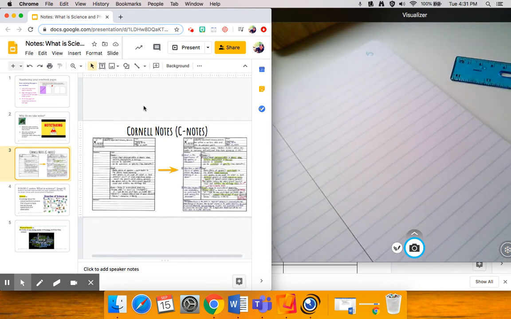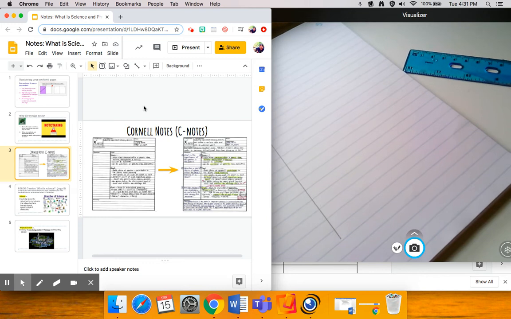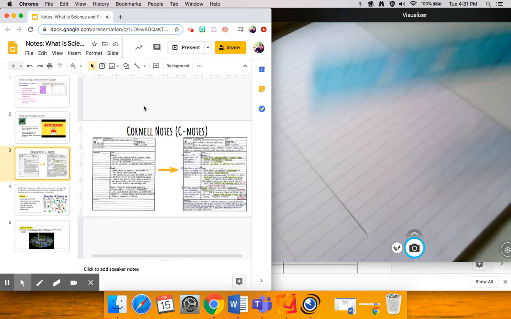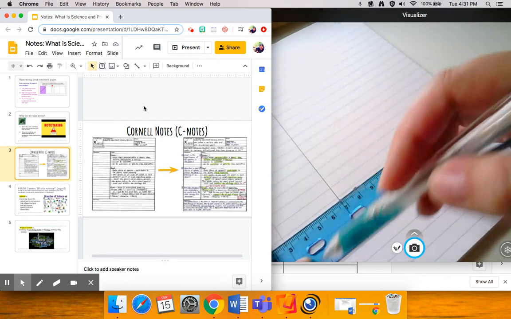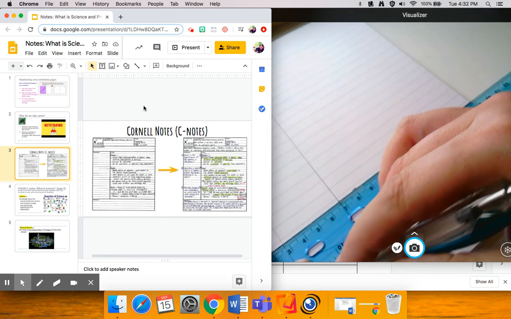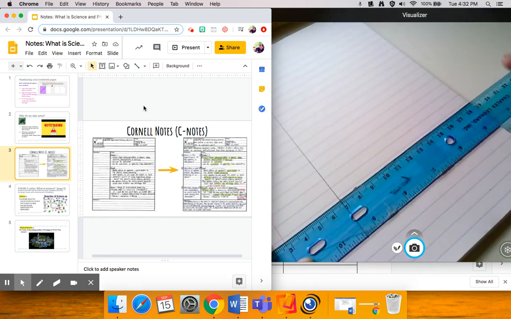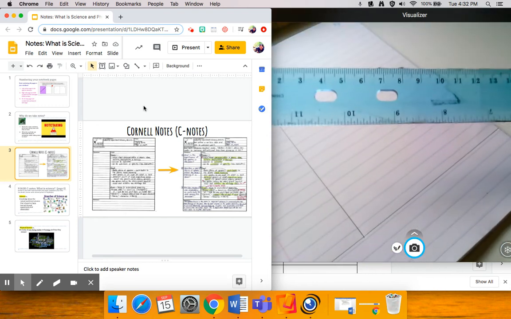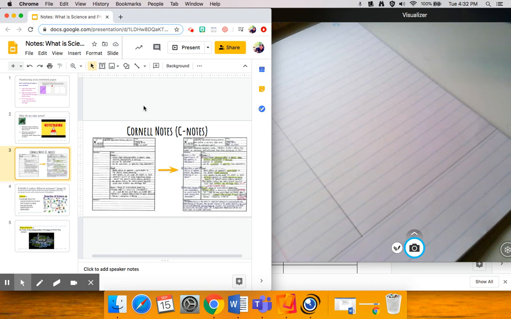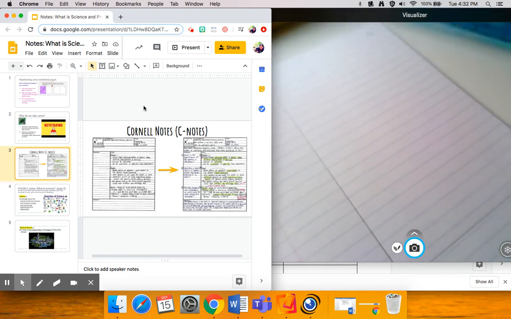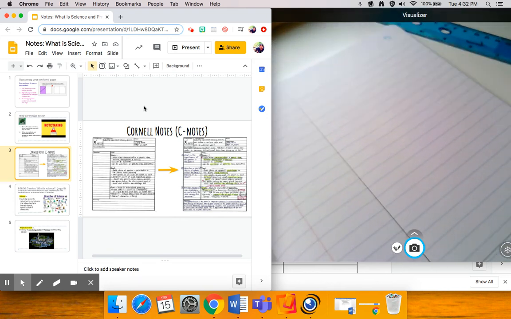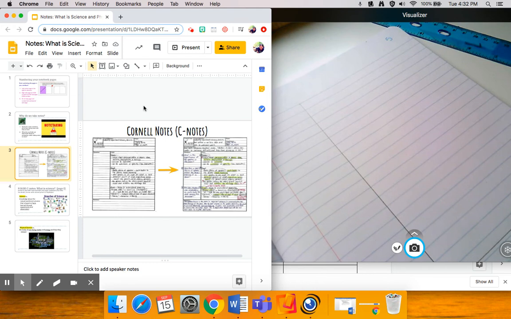And again, just like in the picture, at the bottom of my page, I'm going to draw a line across. And if you don't have a ruler, you can use something that does have a straight edge, like a book or a notebook, or you could just do your best to draw a straight line.